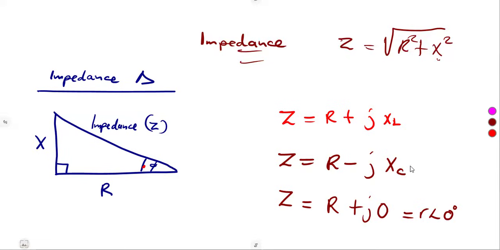A capacitive circuit is the one where, when we simplify this in polar form, we're going to have a negative angle, a lagging phase angle.